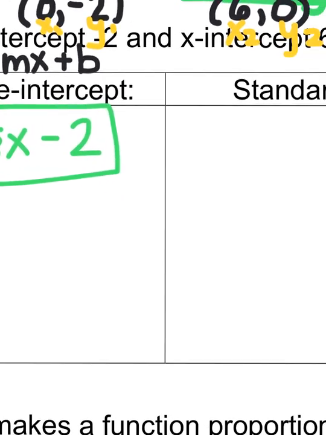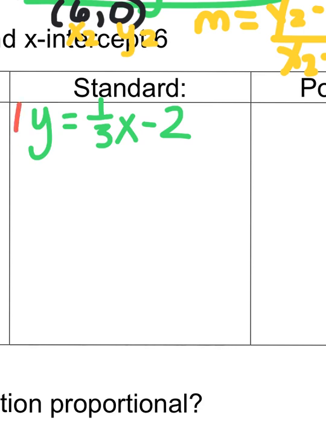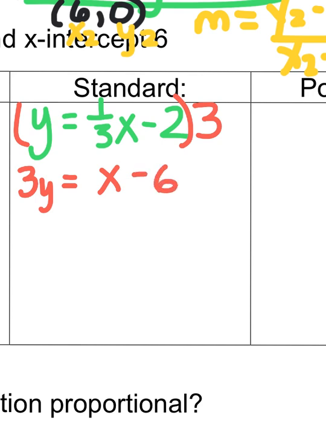Let's take that slope-intercept form and manipulate it into standard form. First, let's deal with that denominator. It's a 3, so we will multiply each term by 3. I'm going to write just x. Now we will remind ourselves that standard form is ax plus by equals c.